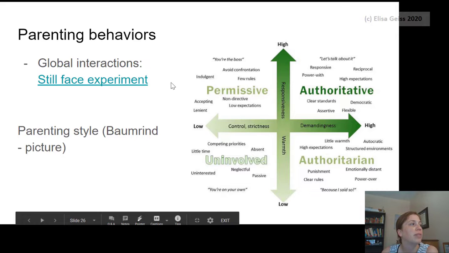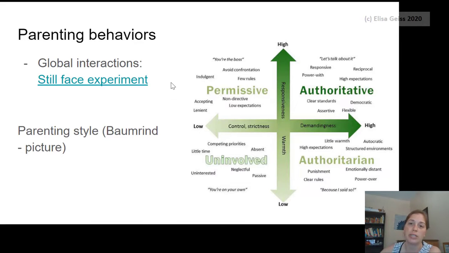So we can think about global interactions. One of the things that we know is that a parent who is depressed is more likely to have a depressed child. Well, one of the things that might influence that is actually how that parent is interacting with their child. So something that we commonly do as an experiment and in research is something called the still face paradigm.